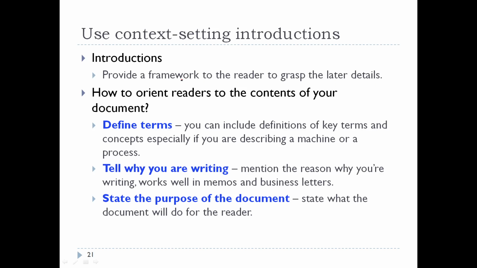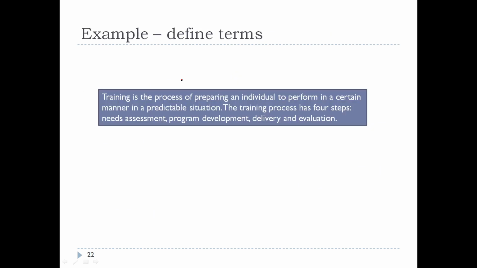We'll look at these different things one by one. The first one is define terms. So this is an example. It talks about training, for example. Training is the process of preparing an individual to perform in a certain manner in a predictable situation. So this is a definition of training. And then the training process has 4 steps. This is a preview list.